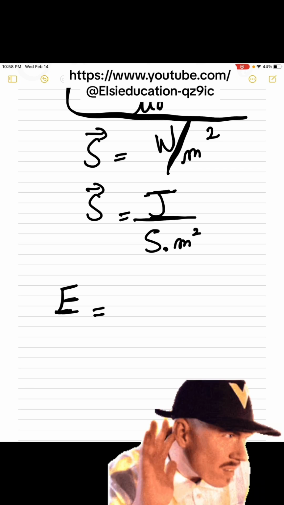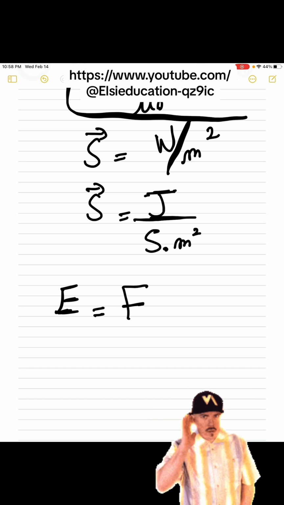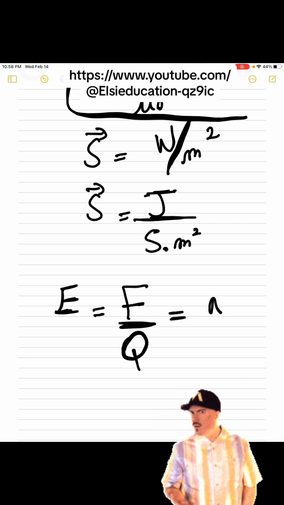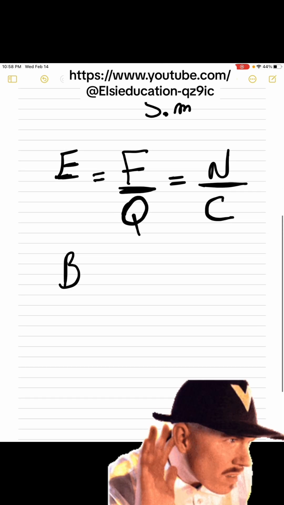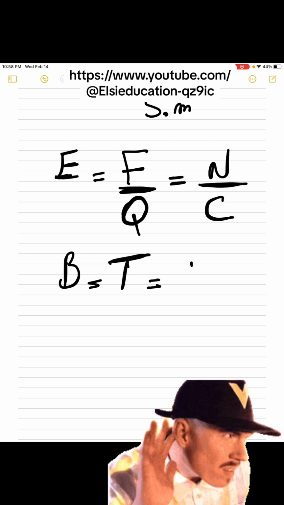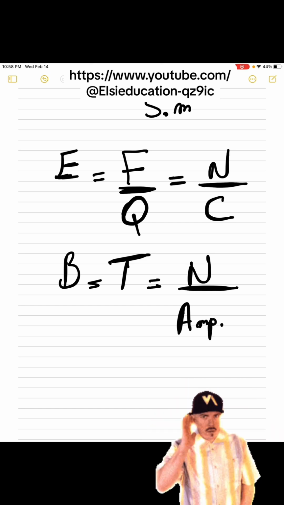The electric field is force divided by the charge, and that's Newton divided by Coulomb. And the magnetic field is Tesla, that means Newton divided by amp multiplied by meter.